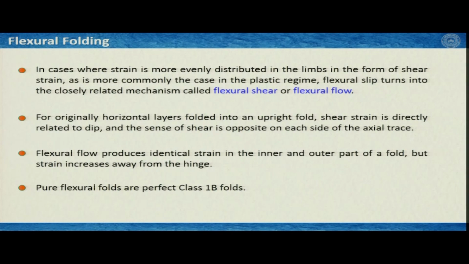Now, for originally horizontal layers folded into an upright fold, shear strain is directly related to the dip of the limb or folded layers, and the sense of shear is opposite on each side of the axial trace. Flexural flow produces identical strain in the inner and outer part of a fold, but strain increases away from the hinge, and a pure flexural fold generally is also a class 1B fold.